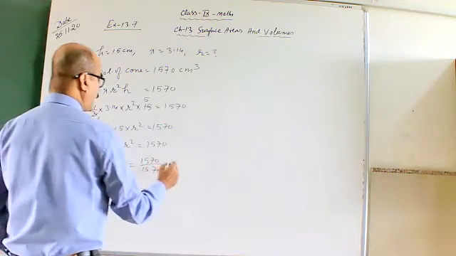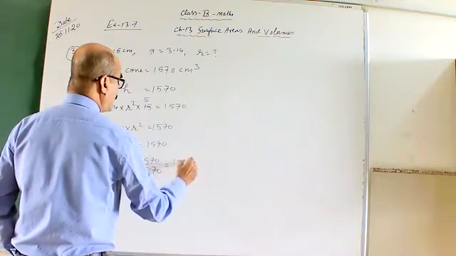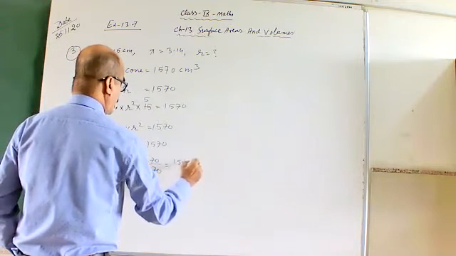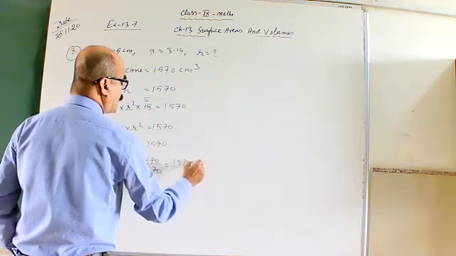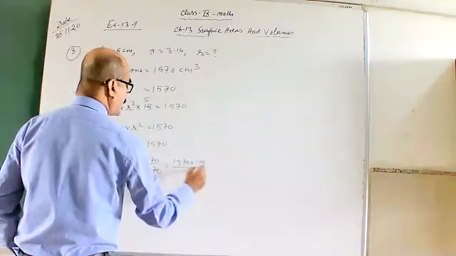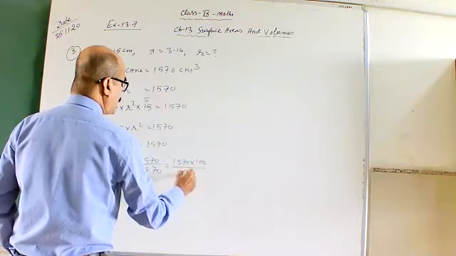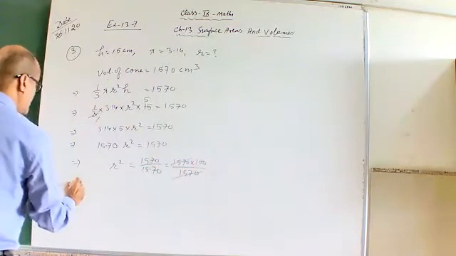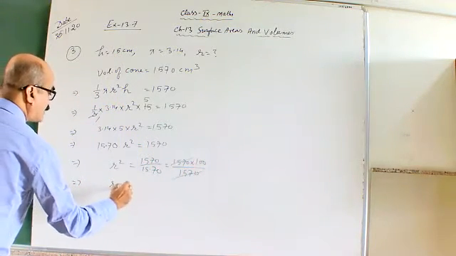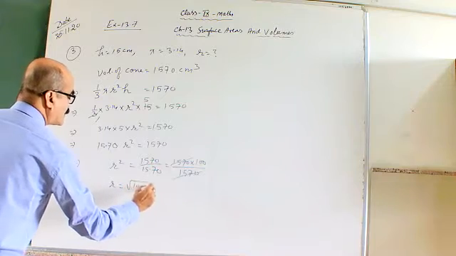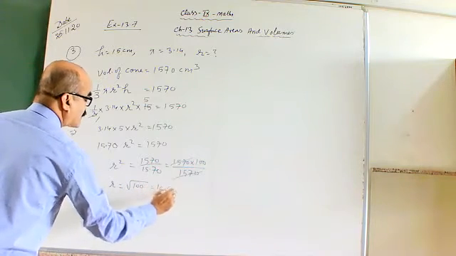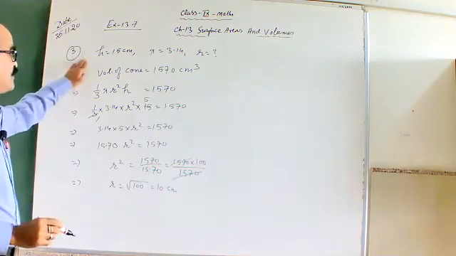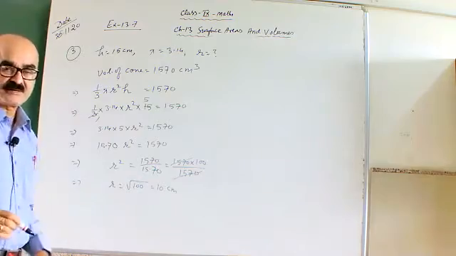So remove the decimal sign. After the decimal there are two digits, so multiply by 100, and this will be 1570. So this will be cancelled. So r is equal to under root 100, so that will be equal to 10 centimeter. So the radius of the cone is 10 centimeter.